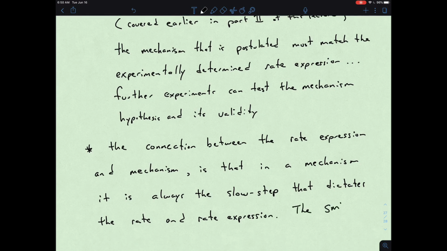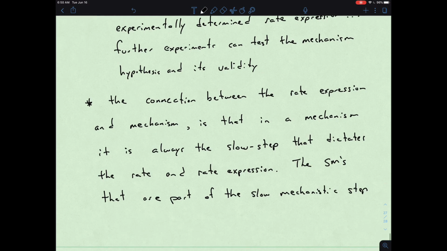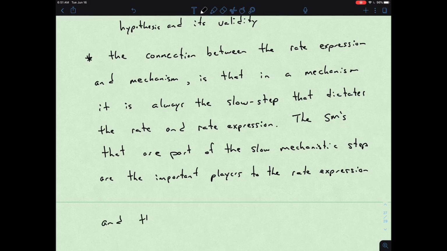The starting materials that are part of the slow mechanistic step are the important players to the rate expression, and their stoichiometry is reaction order.